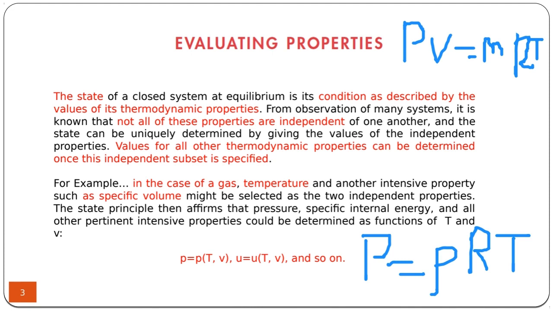For instance, at atmospheric pressure, the saturation temperature of water is 100 Celsius because it starts to change phase at 100 Celsius if the pressure is atmospheric. So in this case, as you can see, one property is dependent only on a second one.